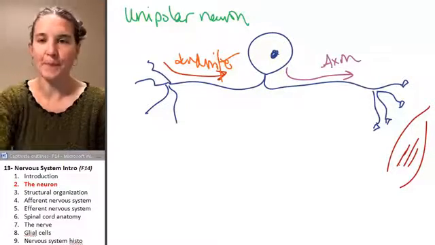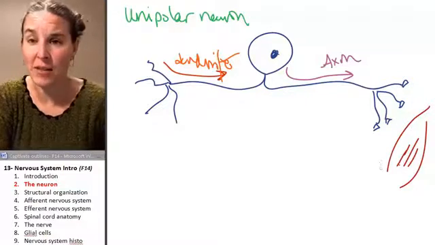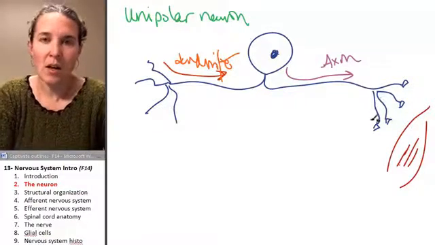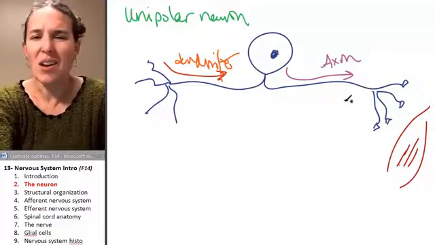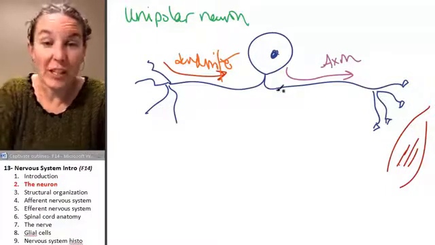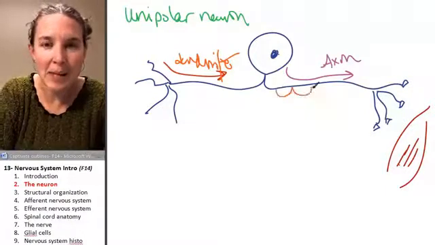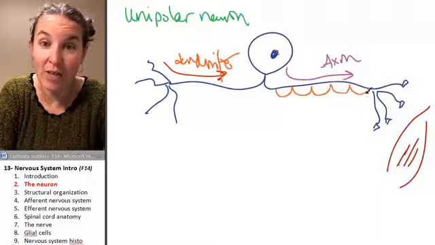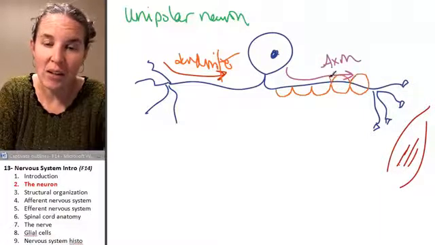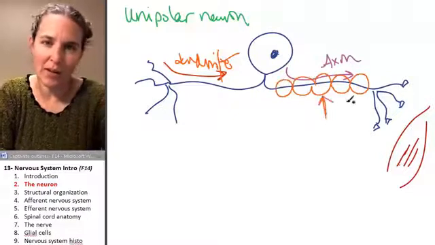One more thing. I'm so glad that I looked at my notes really fast to see this. Look, sometimes axons are covered with fatty, what? Blobs.